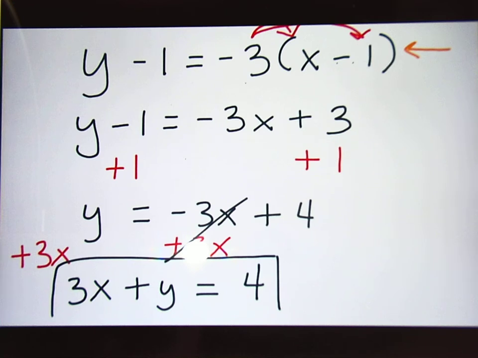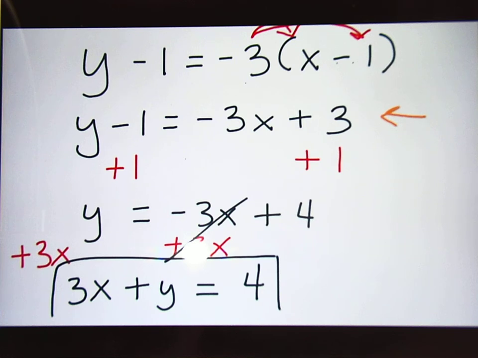So we're multiplying negative 3 times x, which gives us negative 3x, multiply negative 3 times negative 1, which gives us positive 3. Now our focus is here. And remember, with standard form, your goal is to have all of the variables on the left side of the equal sign and your constant on the right side of the equal sign.